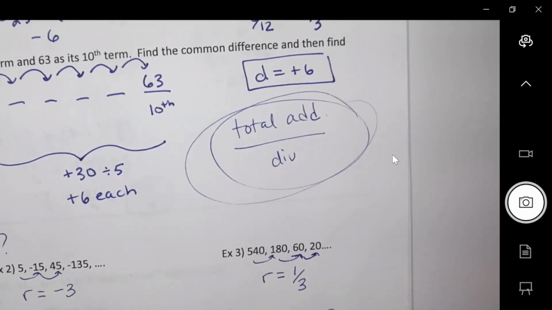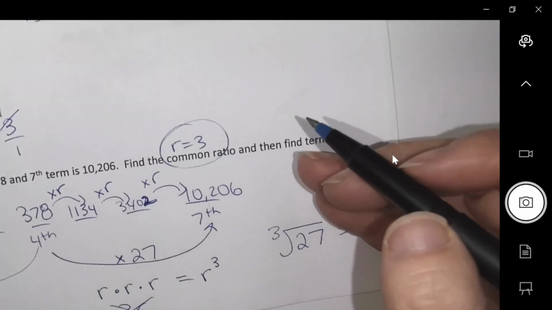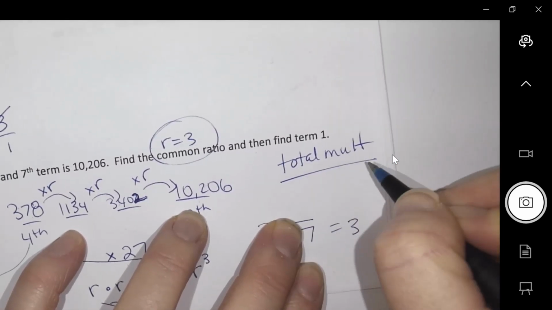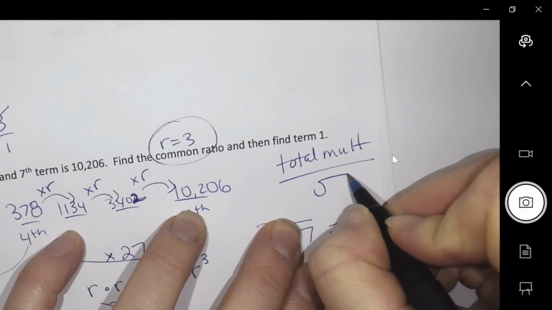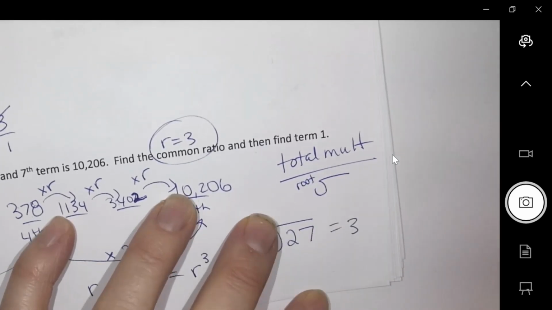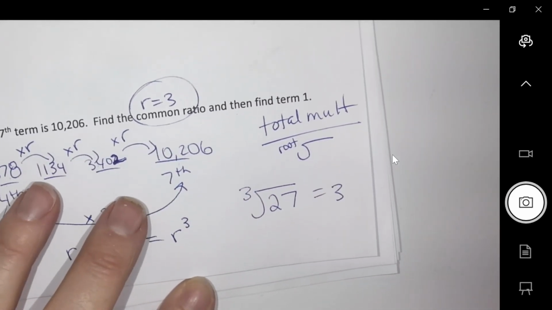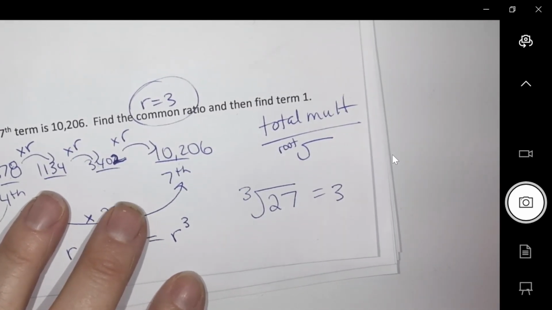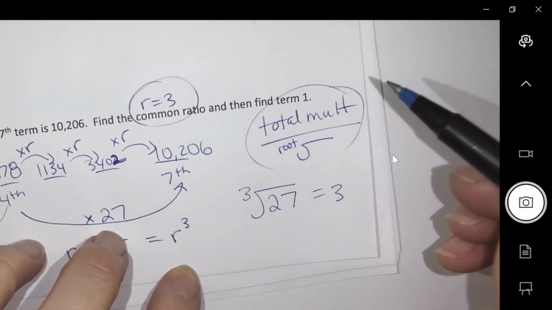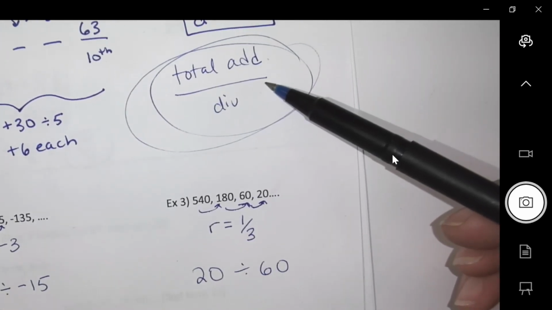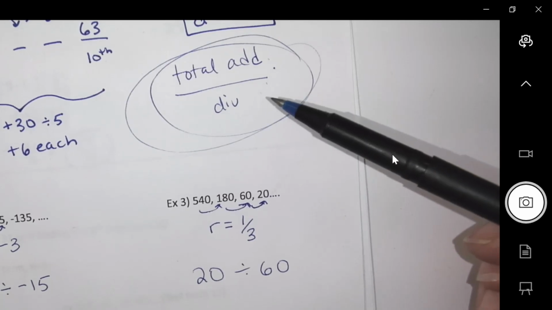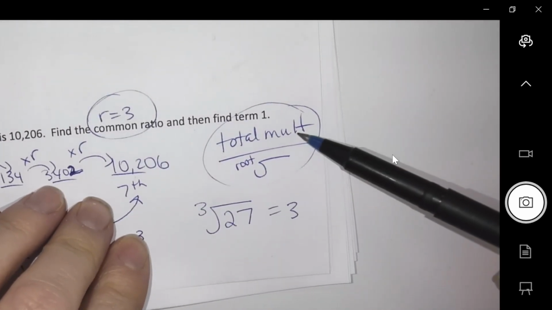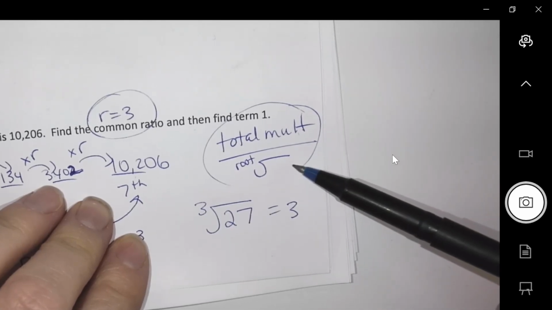What is different on the geometric? We did a total multiply and then we rooted whatever root we might do. We might do a cubed root, a fourth root, fifth root. Okay, so that's different. First, on arithmetic, what did we totally add up? And then what did we divide? Here we totally multiplied and then we rooted.